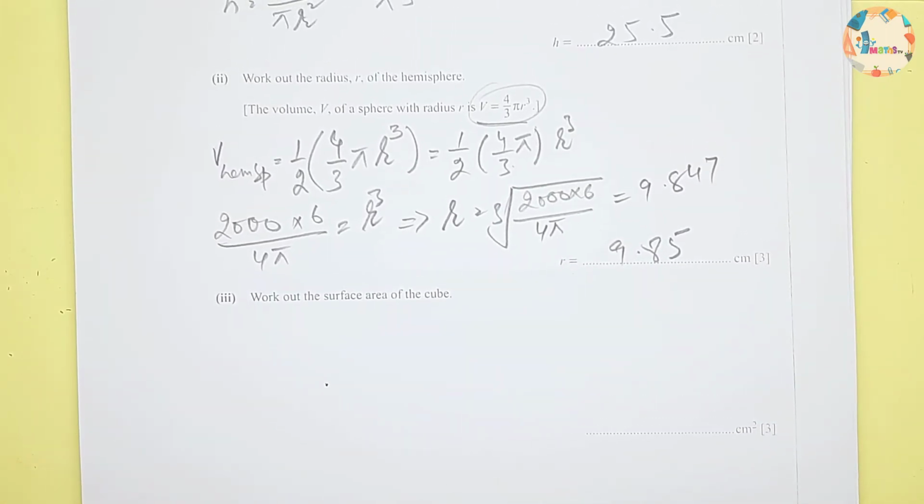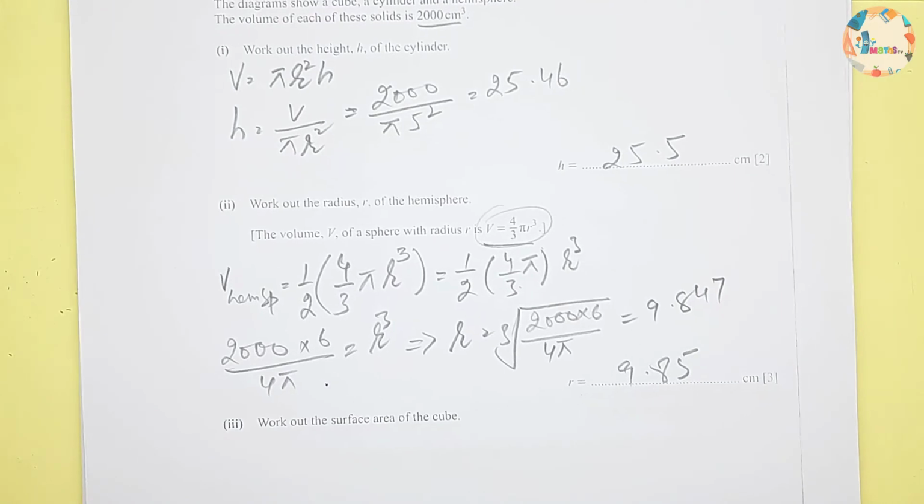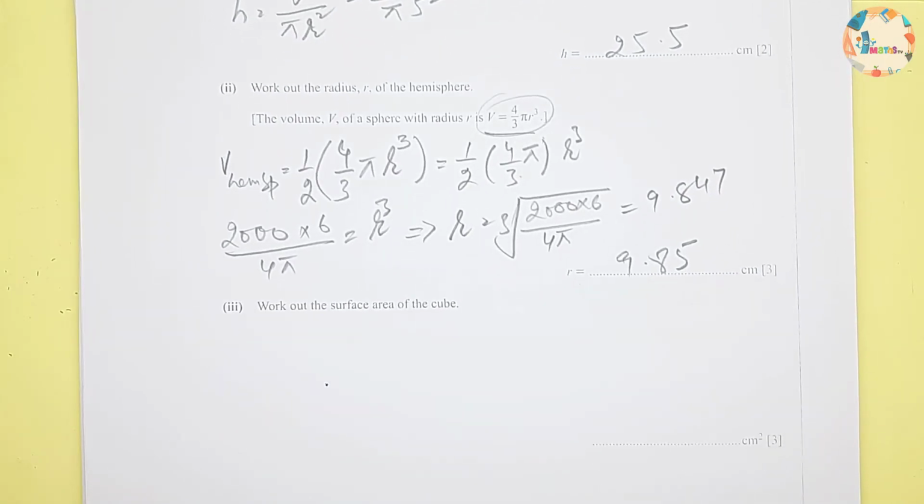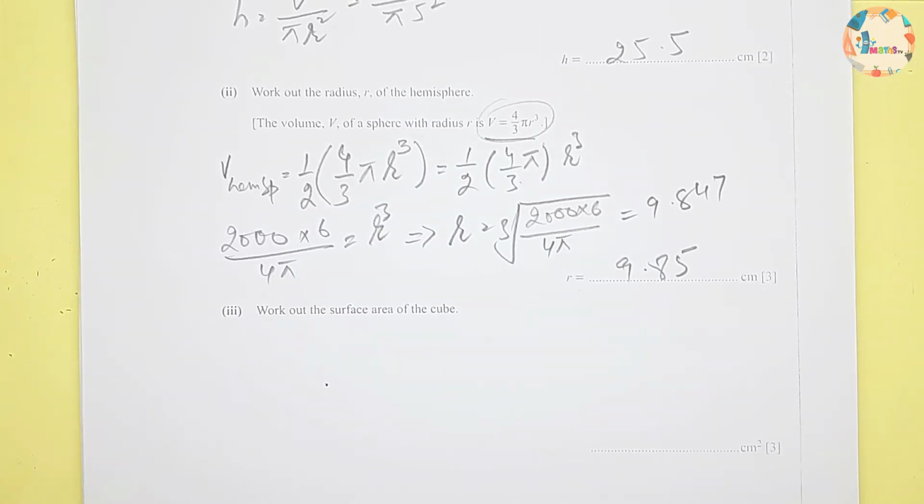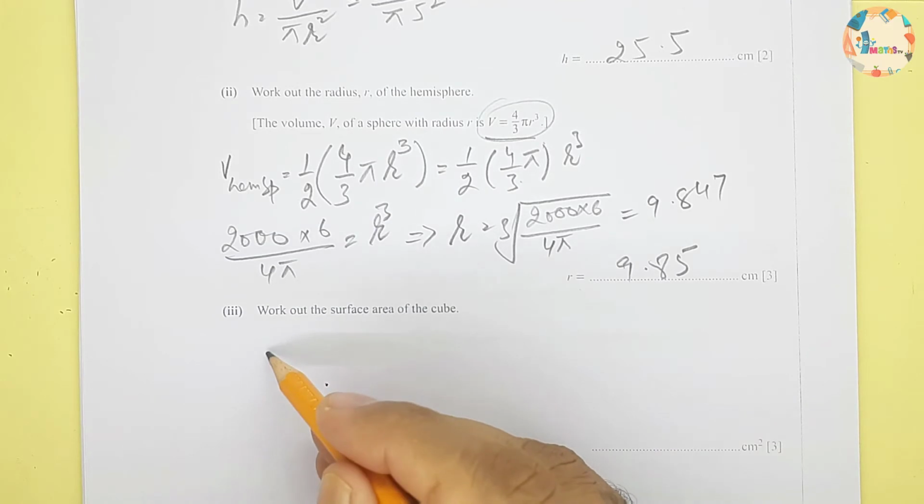Work out the surface area of the cube. Basically we have to find the surface area of the cube, and the volume of the cube we know.